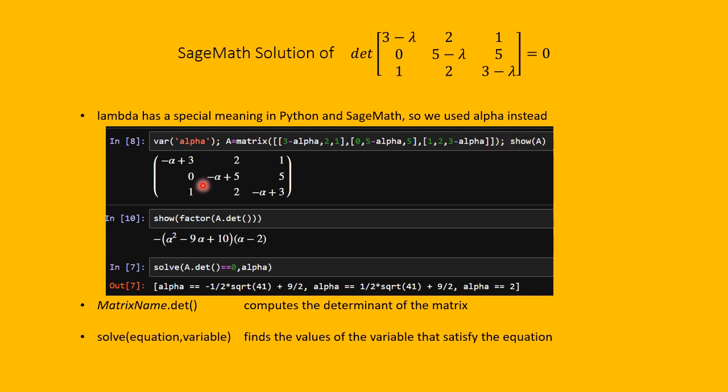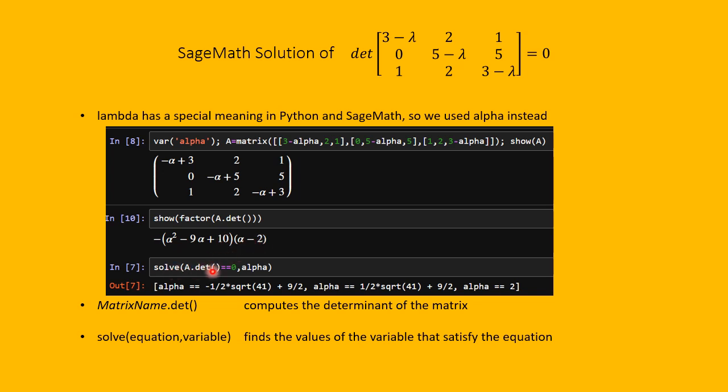That will display the matrix A as the output. Here it is. Then let's factor the determinant of A. When we do that, we get minus the quantity alpha squared minus 9 alpha plus 10 times the quantity alpha minus 2.